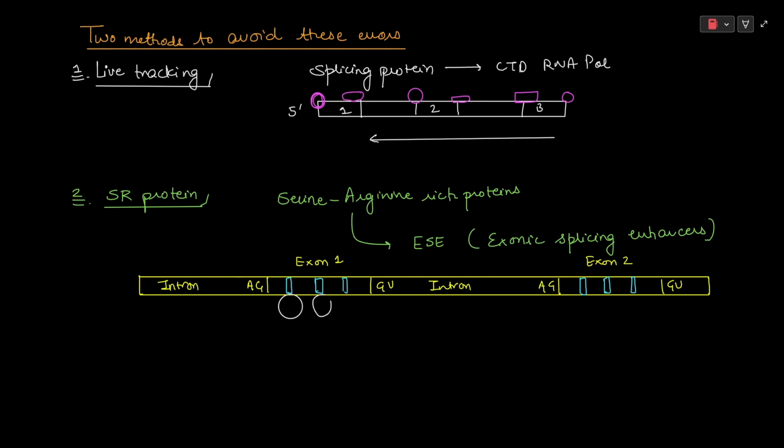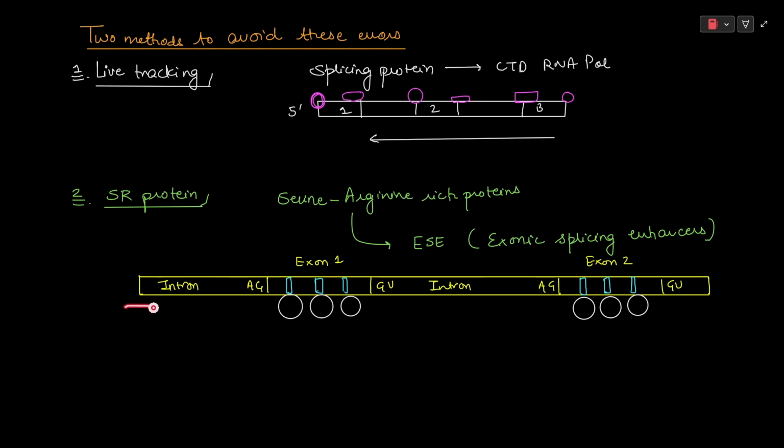The SR protein binds to these ESEs, and as a result of that, it helps in what we call exon definition. Using the SR proteins, the splicing machinery is able to find out where the exons are and where the intron is. Because obviously your splicing machinery is blind, it cannot see, right?